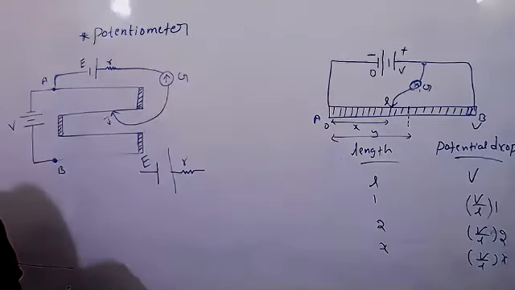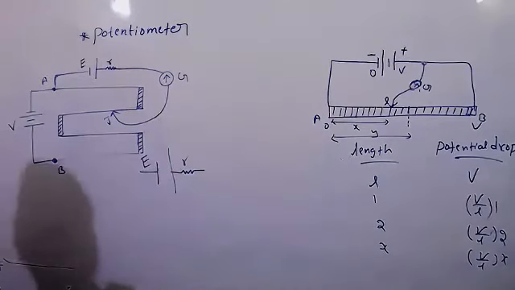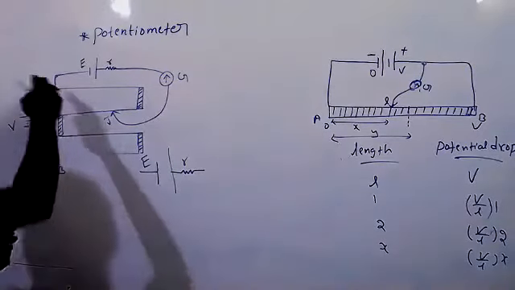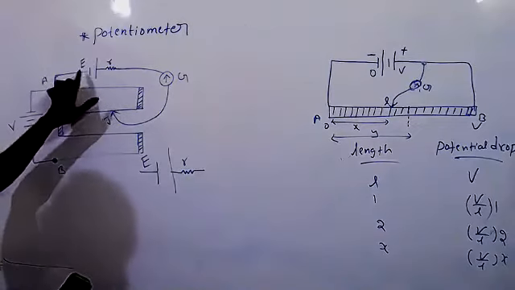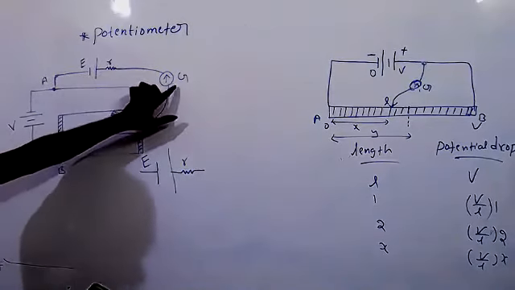It is the potentiometer. According to your textbook, this is the diagram: EMF, internal resistance, and the galvanometer.